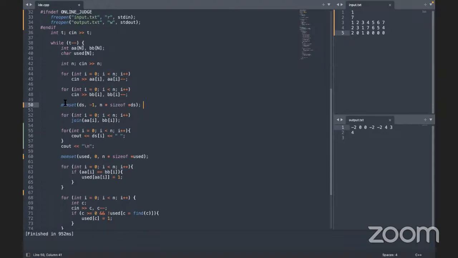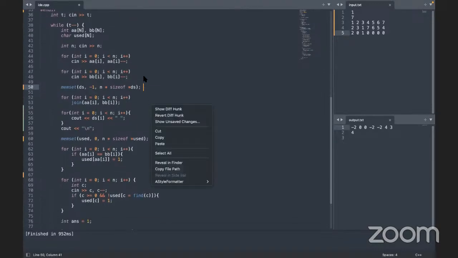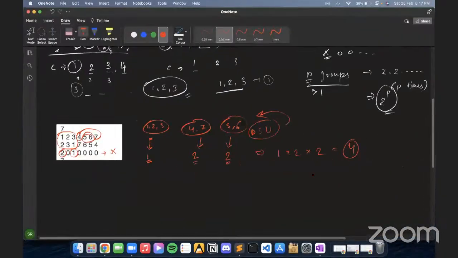Now here we are creating the array ds. We are getting an array for the disjoint sets where, for any ith index, it will store its representative parent, right? So here, if we have formed the groups, they would look like 1, 2, 3, right?